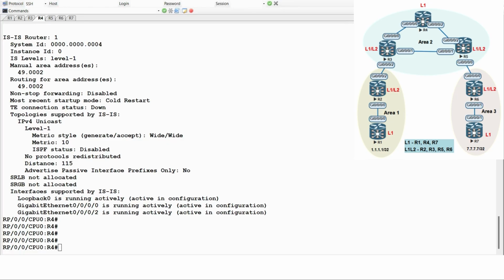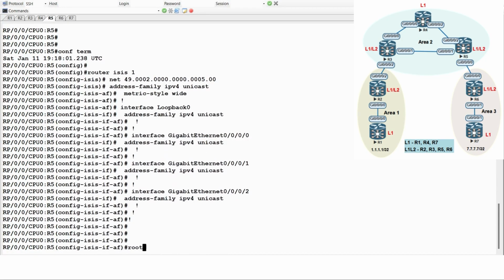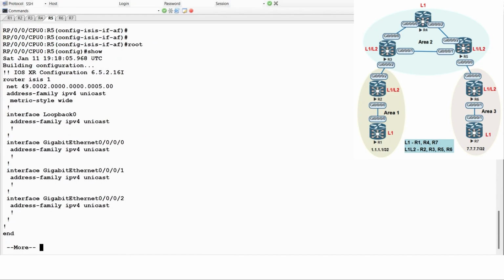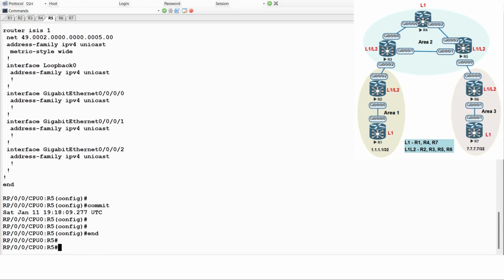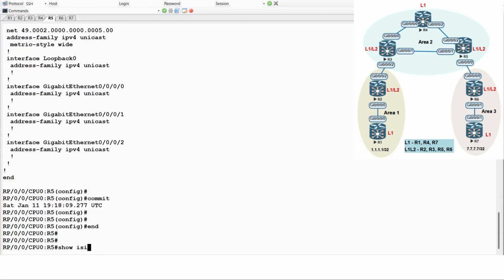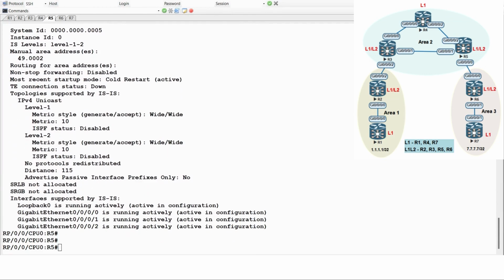Now let's go to router R5 and configure ISIS. Now we'll configure ISIS on the remaining two routers, router R6 and router R7.